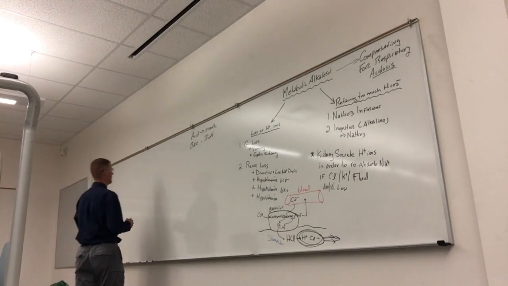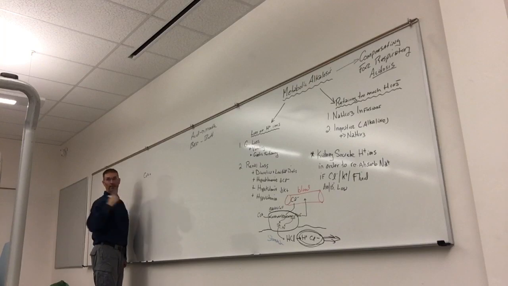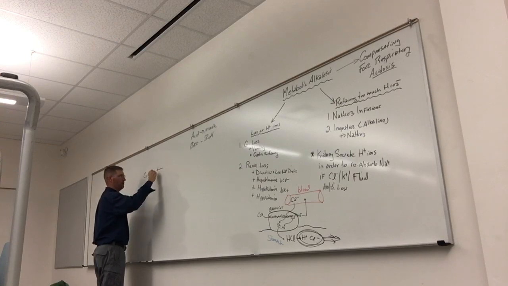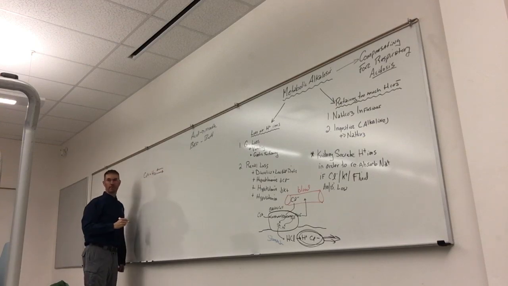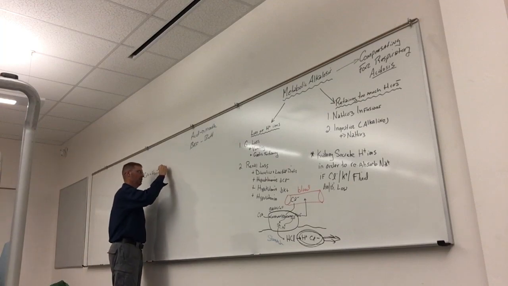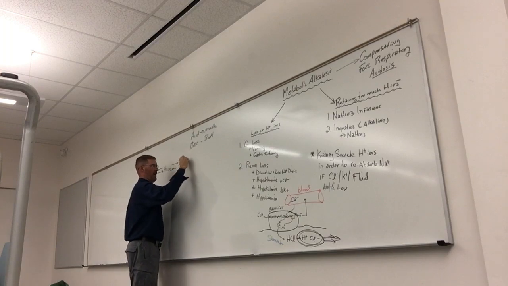So let's go back to carbon dioxide. What happens to CO2 when it's produced? It is combined with what? Water. CO2 plus H2O. And remember, I'm drawing arrows in both directions, right? This is going to be important. So CO2 plus H2O gives us H2CO3. That's carbonic acid. And then that can give us H plus and HCO3 minus.